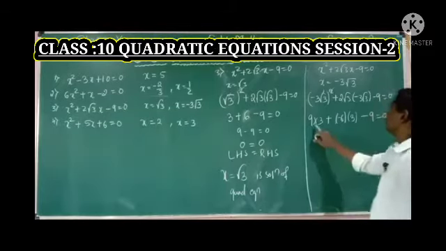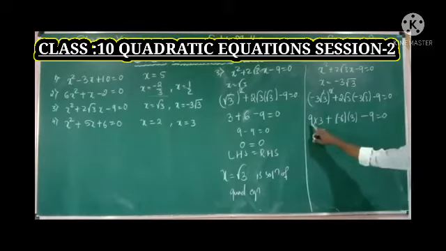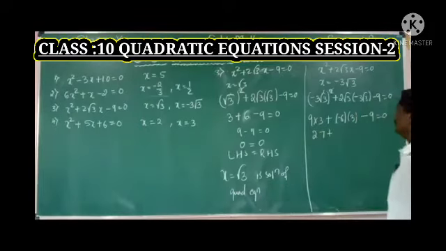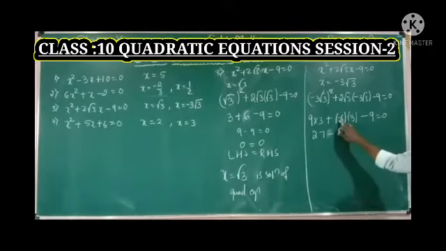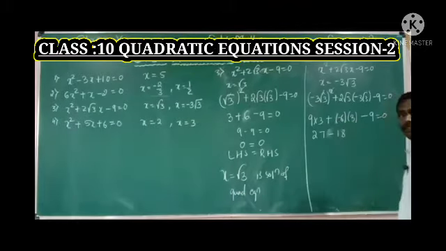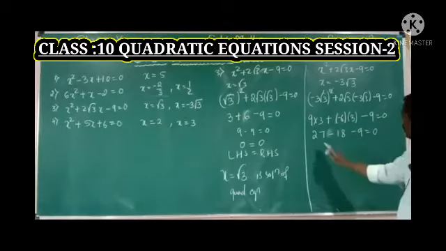Now 9 3s are 27, plus, or plus into minus is minus, minus 6 into 3, 6 3s are 18, minus 9 is equal to 0.